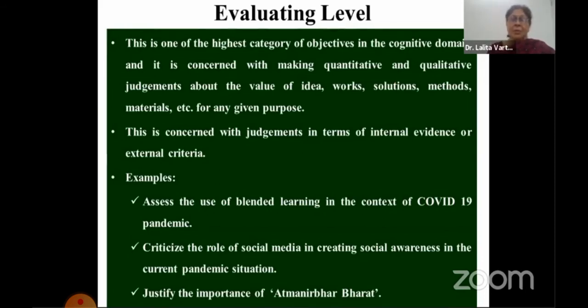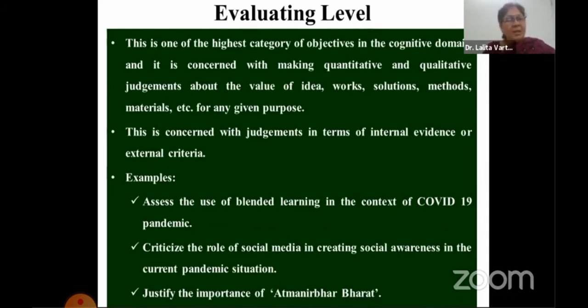This is concerned with judgments in terms of internal evidence or external criteria. So you will realize that both quantitative and qualitative kinds of judgment are expected. So the individual has to really think in a very, very objective manner.